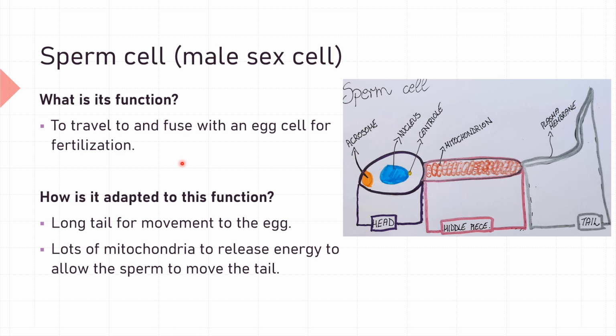These two need to combine in the process called fertilization, and when they combine you get a new cell called a zygote. Then this zygote will start growing, in other words multiplying its cells, and when it grows big enough, in the end you'll get what we call a baby.